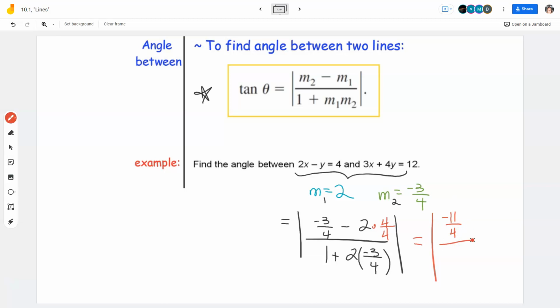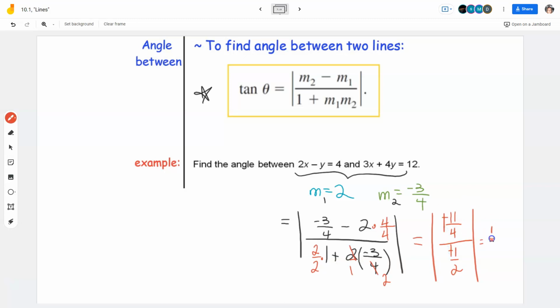On the bottom, can I multiply this guy by 2 over 2? Why am I multiplying that by 2 over 2 and not 4 over 4? 2 is over 1. We got to reduce some quick fractions, and we end up with 2 over 2 minus 3 over 2 is negative 1 over 2. And do you remember that with your fractions, first of all, absolute value, a negative over a negative is a positive. Let's just get rid of that.